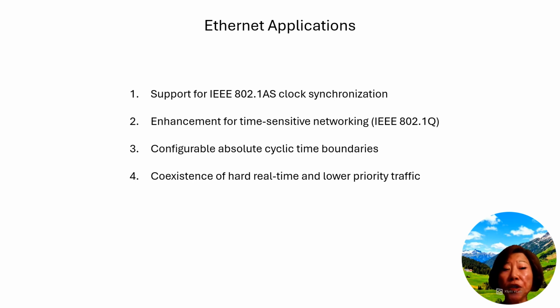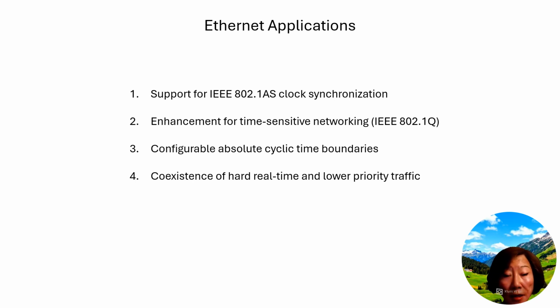The coexistence of hard, real-time, and lower priority traffic requires sophisticated quality of service mechanisms in the 5G system, potentially including features like preemption of lower priority traffic. The system must also support the configuration of these features, which might involve integrating with industrial network configuration tools.